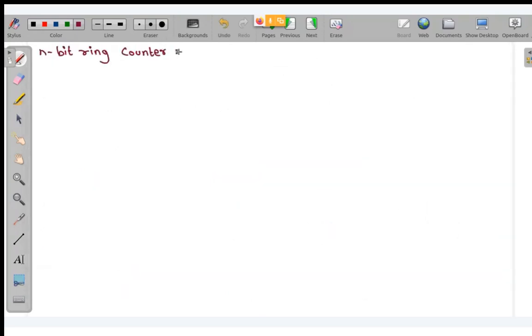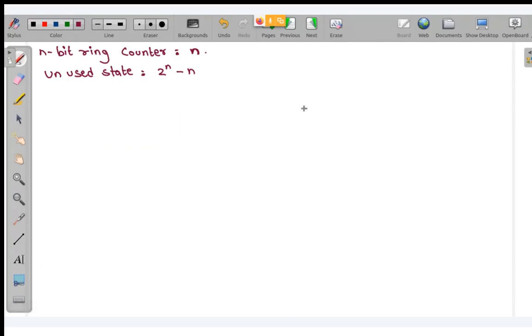So for an n-bit ring counter, the number of used states is going to be n, and the number of unused states is, from an n-bit counter, we can have 2 to the power n counts, minus n. So these are your unused states.